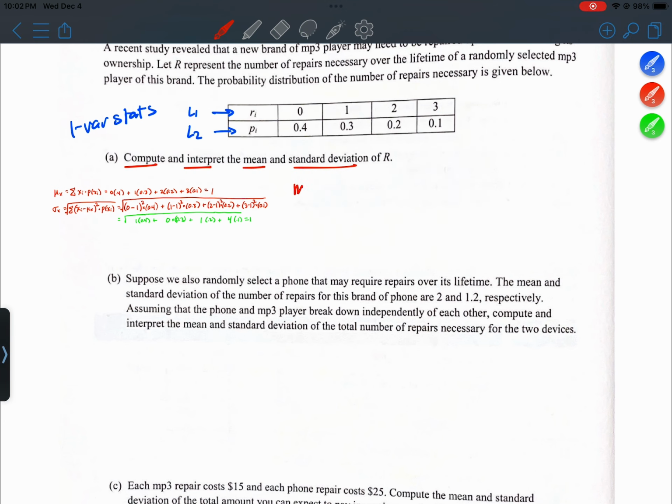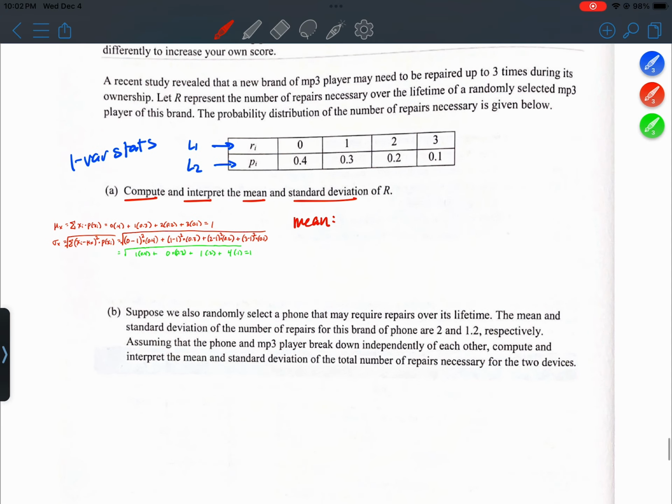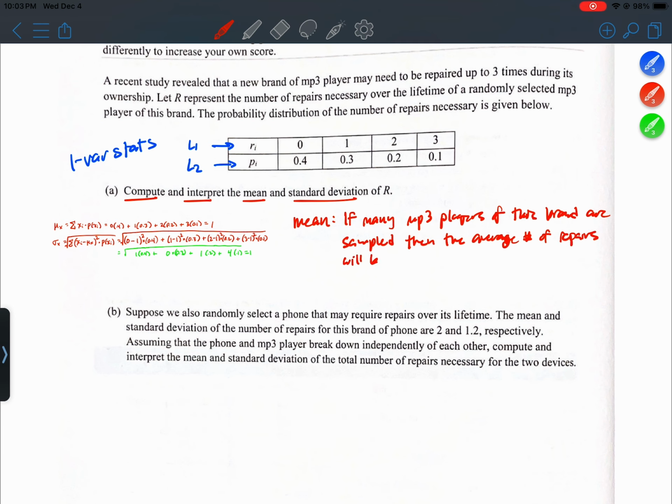We could say, if many MP3 players of this brand are sampled, then the average number of repairs will be about 1.